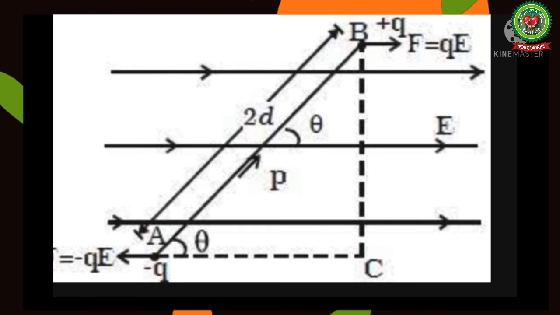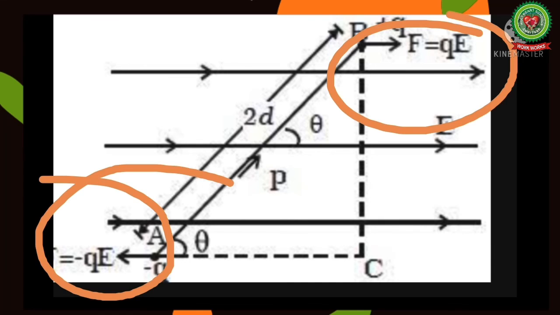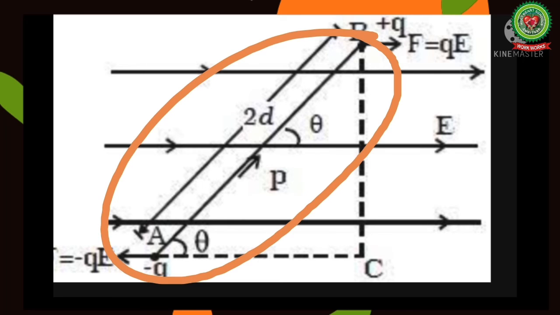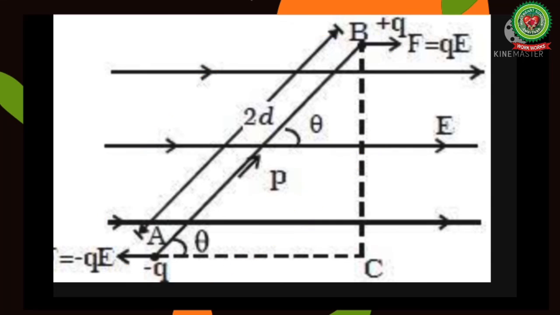The force experienced by the positive charge is given by the formula plus QE, and for the negative charge it's minus QE. Now children, as you can see, the force acting on this dipole is same, but as the line of action is different, so the dipole experiences a torque. Now children, what is torque?